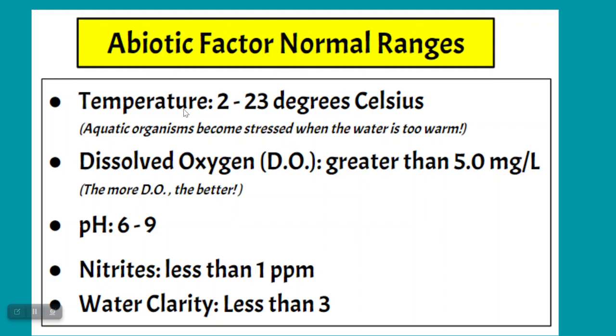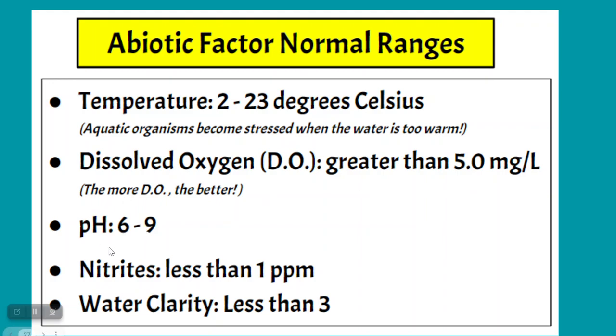All right, so we have some normal factors that we can think about. And these things are discussed in your slide decks, but in general, our temperatures that we're looking for are 2 to 23 degrees Celsius, remember metric. Our dissolved oxygen, we would like for it to be greater than 5 milligrams per liter.